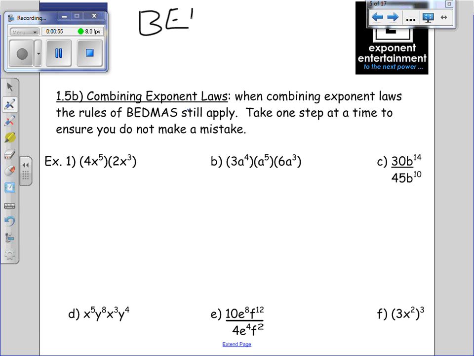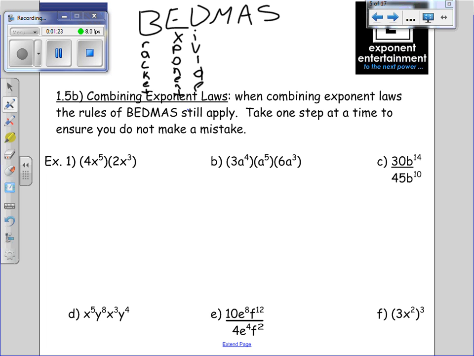What's the B stand for? Brackets. So anything inside of brackets, you do first. What's the E stand for? What's the D? Division. What's the M? Multiply. And those things could be flipped, right?